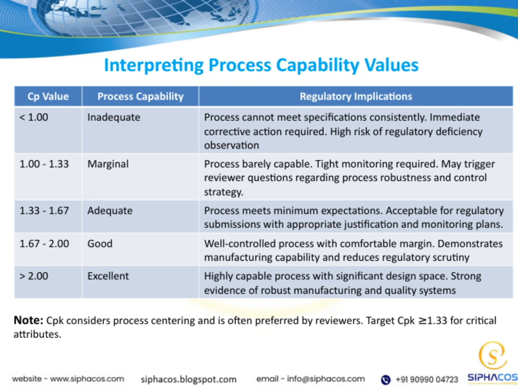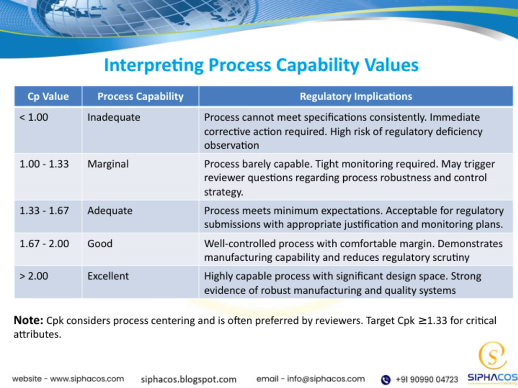Moving into the 1.33 to 1.67 range, the process is considered adequate. It meets the minimum expectations, and with proper justification and ongoing monitoring, it can be acceptable for regulatory submissions. If our CP is between 1.67 and 2, we're in the good range.